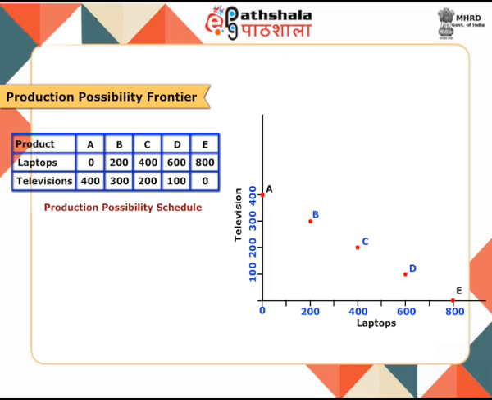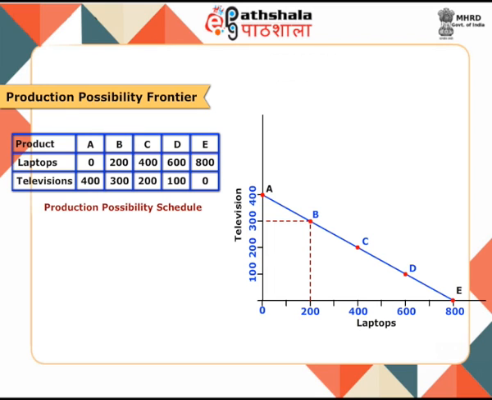and D. As we move down from point A to point E, we say that the resources are getting exchanged. That is, at point A, the economy or firm is producing 400 units of televisions and 0 units of laptops. As it moves down the PP frontier and reaches point B, the economy or firm produces 300 units of television and 200 units of laptops.